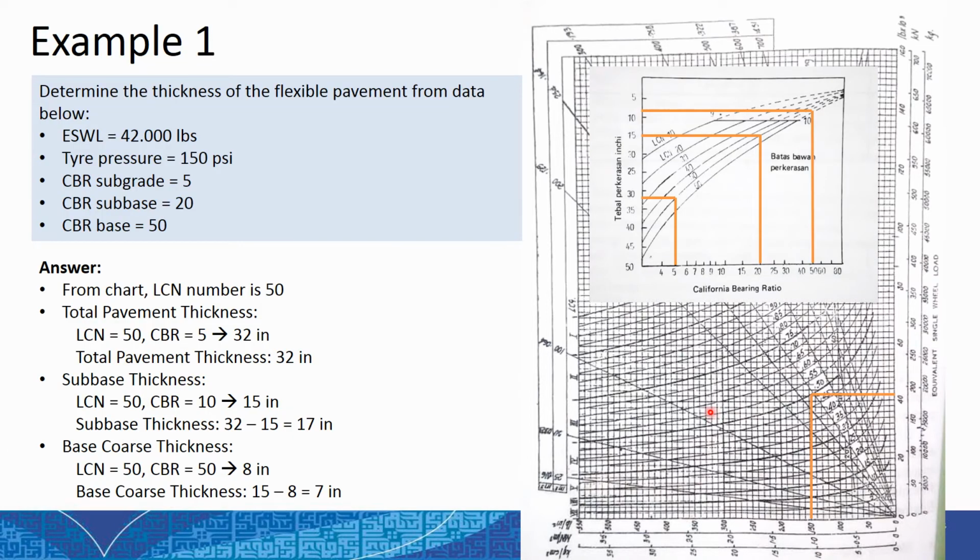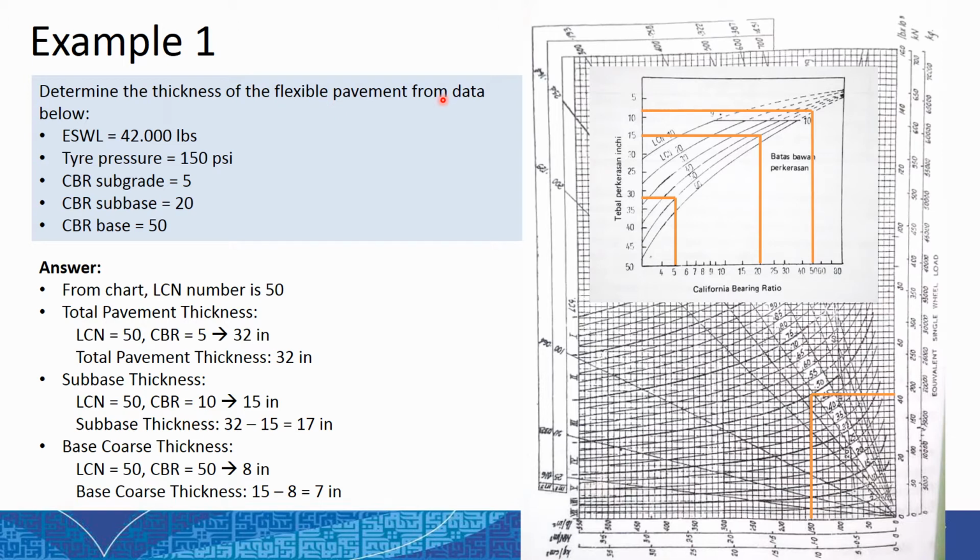So here is an example to determine the thickness of flexible pavement with the LCN method. The question is, determine the thickness of the flexible pavement from the data below.